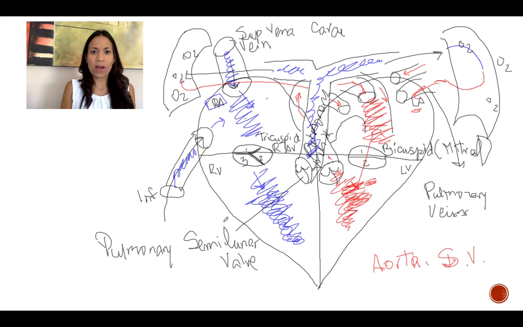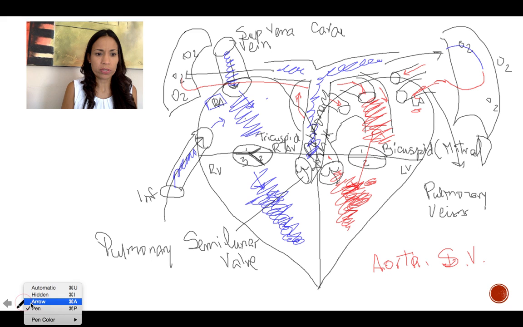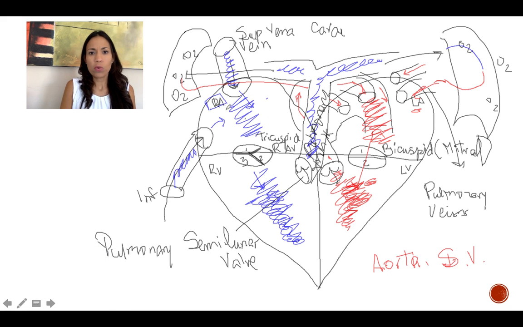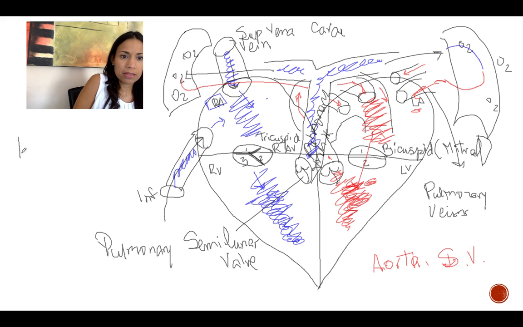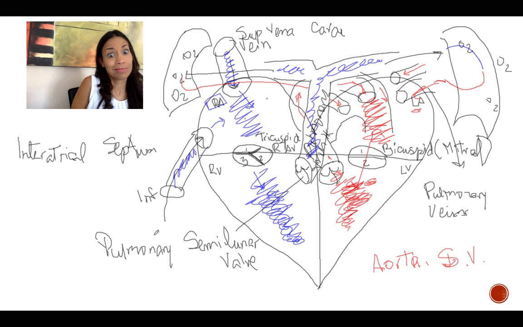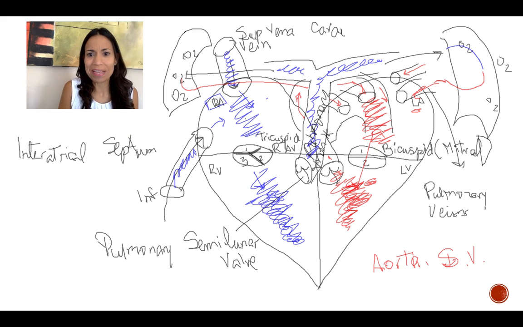So what have we described? We have described four chambers. What are the names of the chambers? We have the right atrium and the left atrium. These two atria are separated by an inner wall called the interatrial septum.